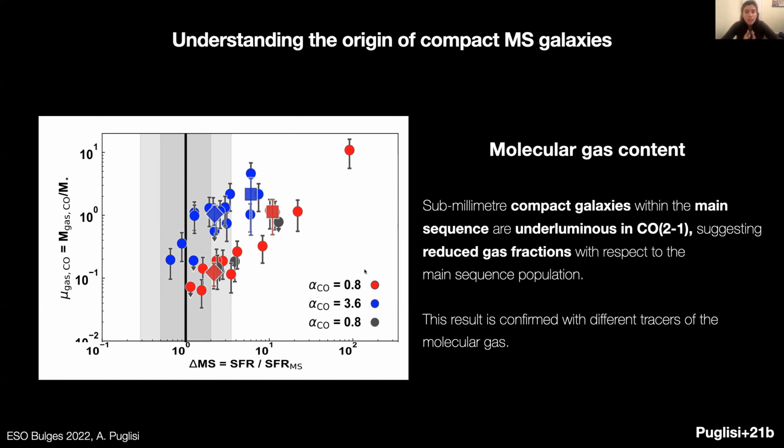However, the systematic difference in the gas fractions that we find is somewhat dependent on this assumption. I would also like to add that the results shown here are confirmed by different molecular gas tracers and by the pure observable relations. Now, I do not have time to enter into the details of those assumptions, but I'd be happy to chat more about this offline.